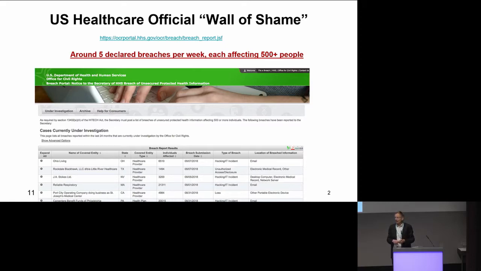And it turns out that there are in the order of 5 declared breaches per week, each affecting more than 500 patients. But in some cases, it can be 1,000, tens of thousands, hundreds of thousands. In other cases, even millions of people are affected. And the hope is that by this transparency, the organizations are going to do a better job in terms of data protection.